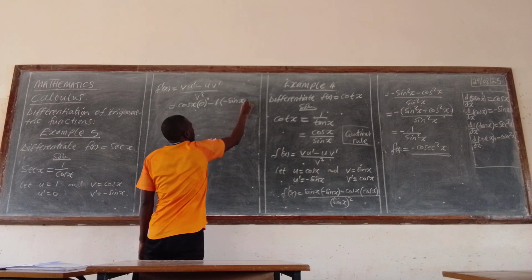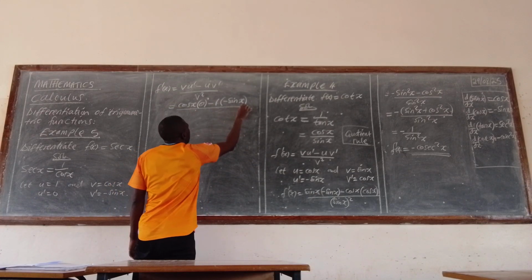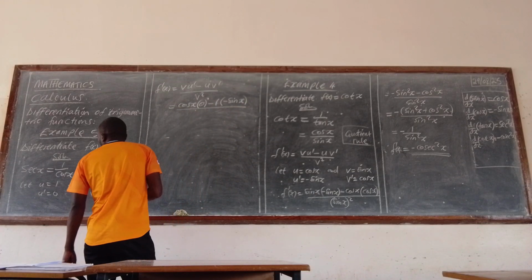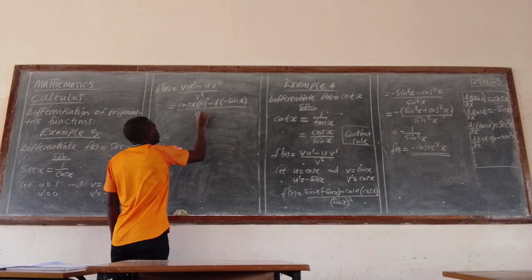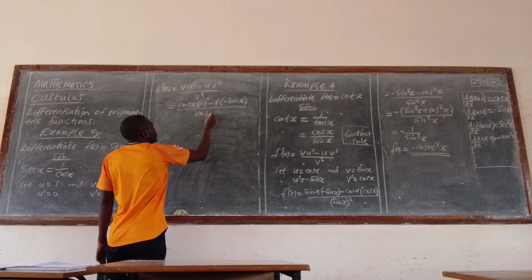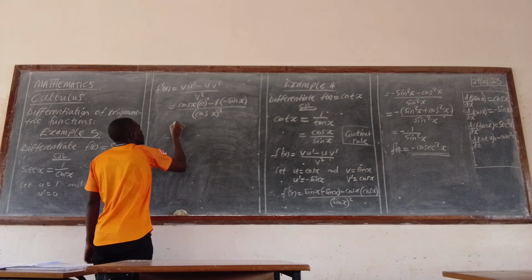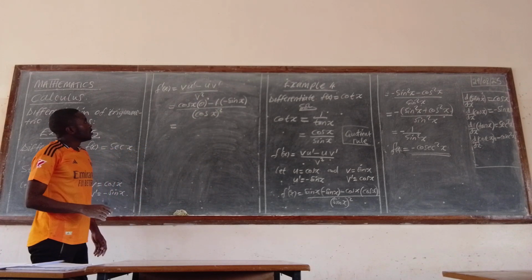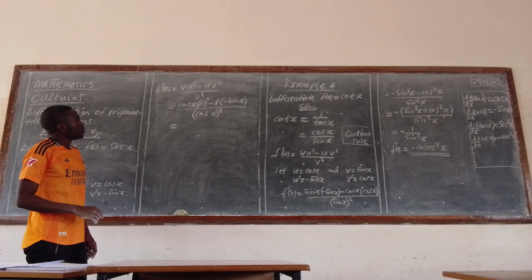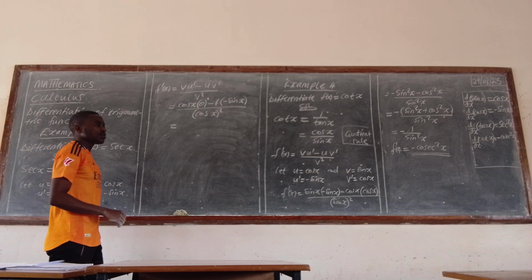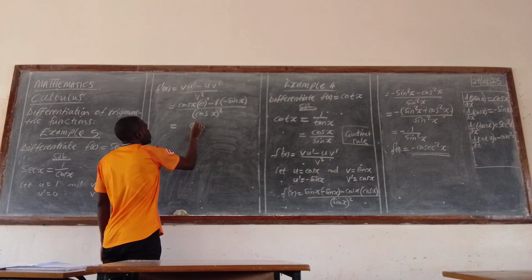We divide by our v, which is the cos x squared. Now, cos x multiplied by 0, this one is going to give us 0.